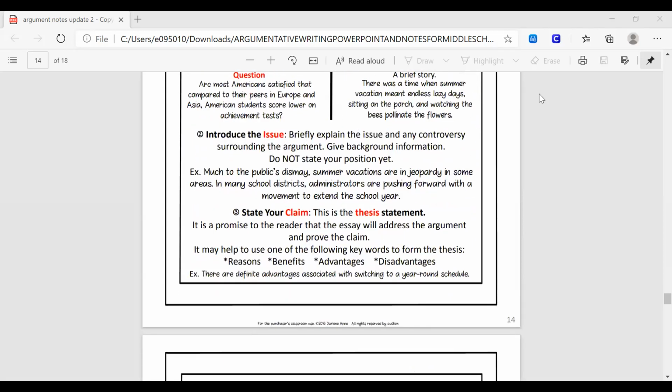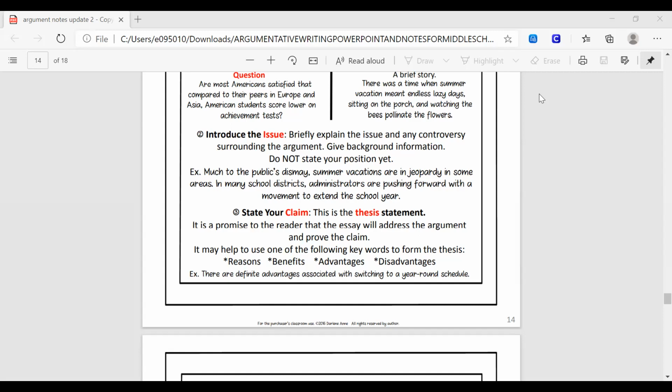All right. Number 2, introduce, and the word you're going to fill in is issue. You're going to briefly explain the issue and any controversy surrounding the argument. Give background information, but do not state your position yet. So you've caught the reader's attention with your hook, and now you're introducing the issue. They give us an example: Much to the public's dismay, summer vacations are in jeopardy in some areas.